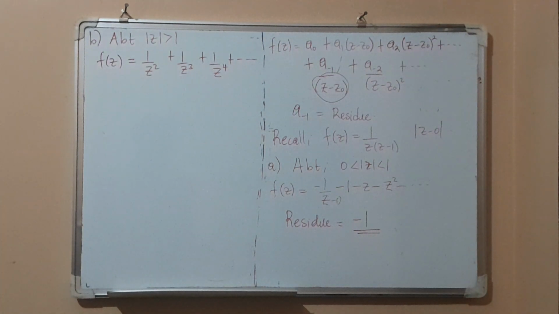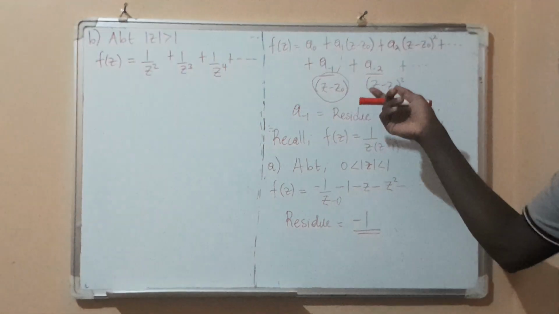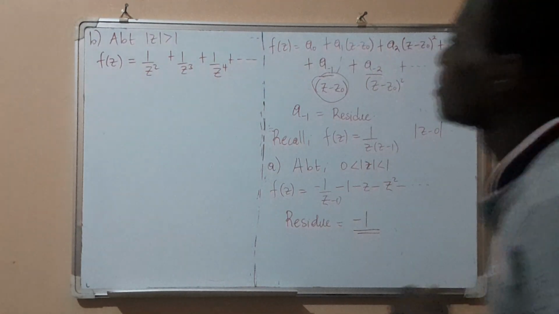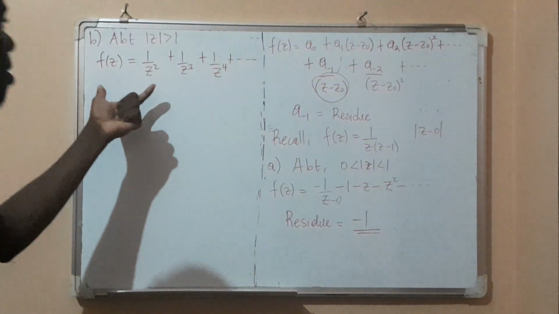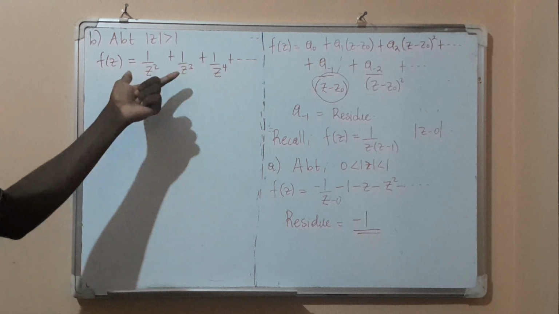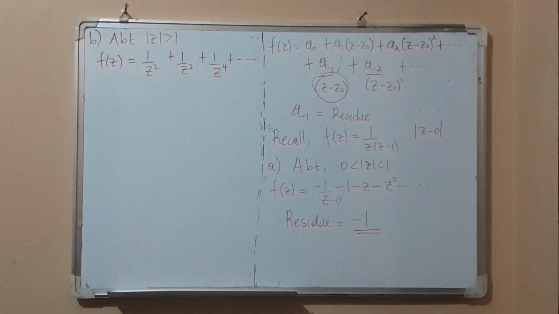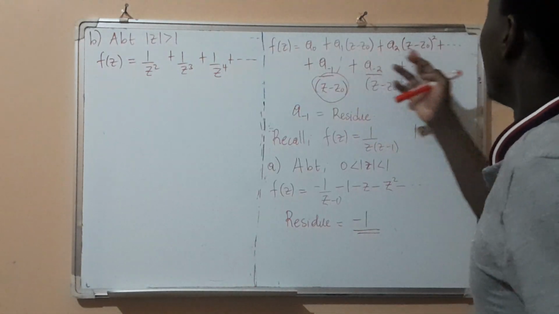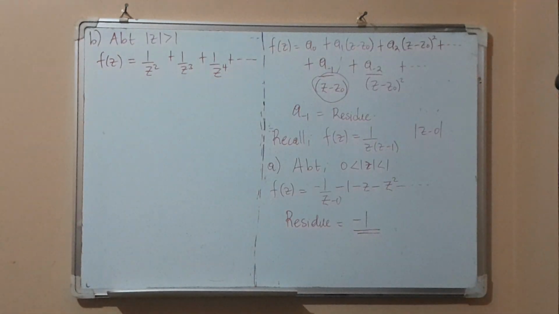So you can see in this example that this is our Laurent series, the general form of the Laurent series representation of a complex function. When you look at this, we are only having terms whereby z is in the denominator. We don't have situations where we are not dividing by z.